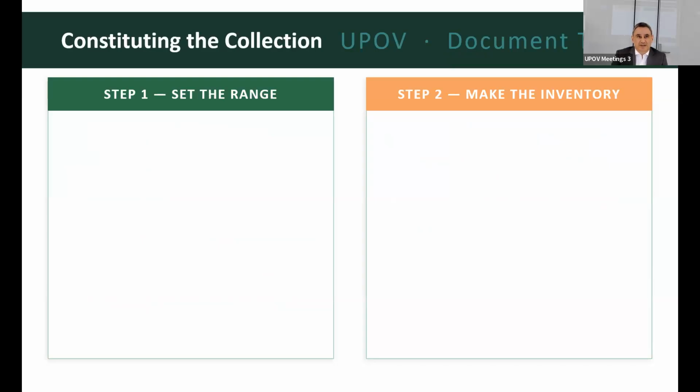So to constitute a variety collection, first, it's important to understand the range within the crop that will be collected and then make an inventory of that crop.